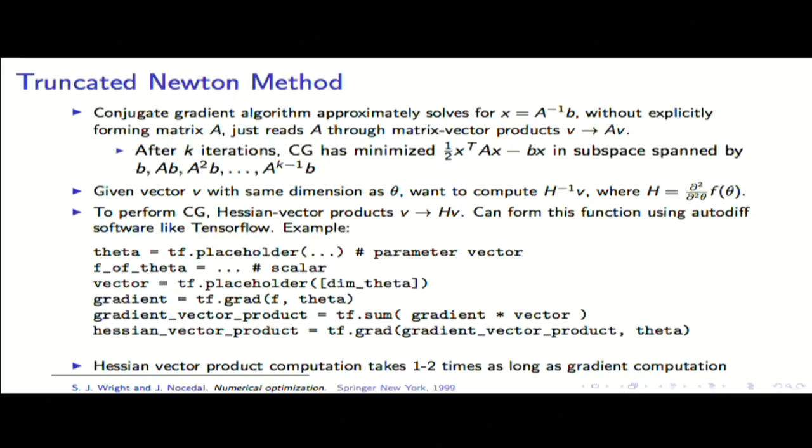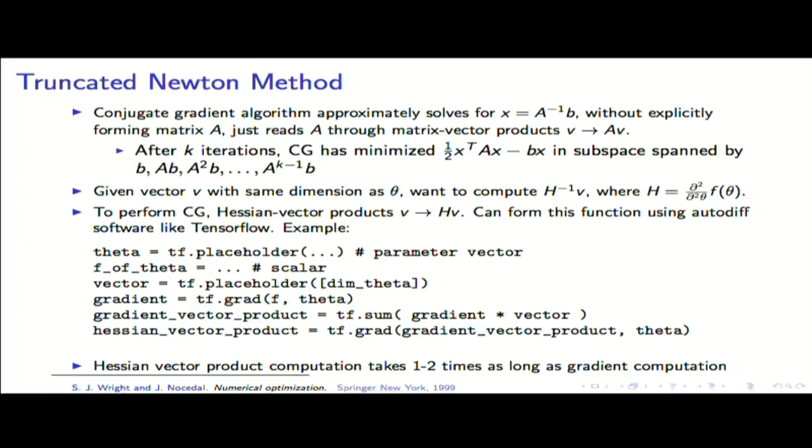What you're going to end up doing in practice is you're going to take this expression for the Hessian vector product symbolically, and then use that to get another function that computes it numerically. So let's say you have a function called compute HVP, which computes the Hessian vector product numerically.